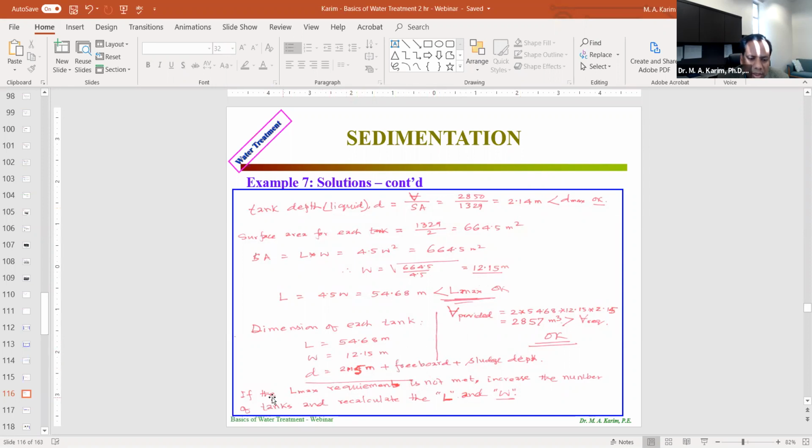So if the L max requirement is not met, increase the number of tanks and calculate the L and W again. So it could be a trial and error method, right? So I will leave this problem there for a few seconds. You guys can take a look.